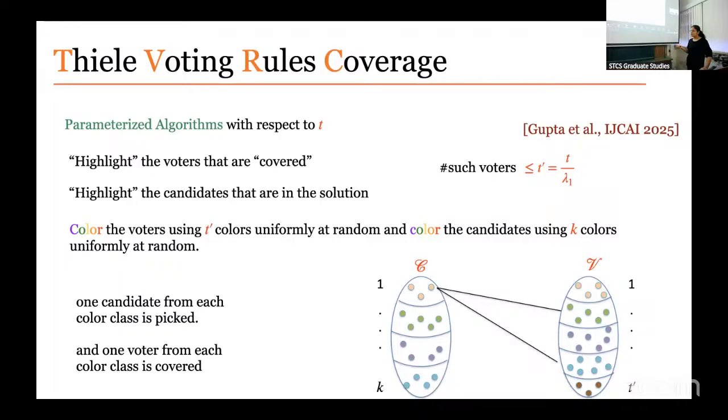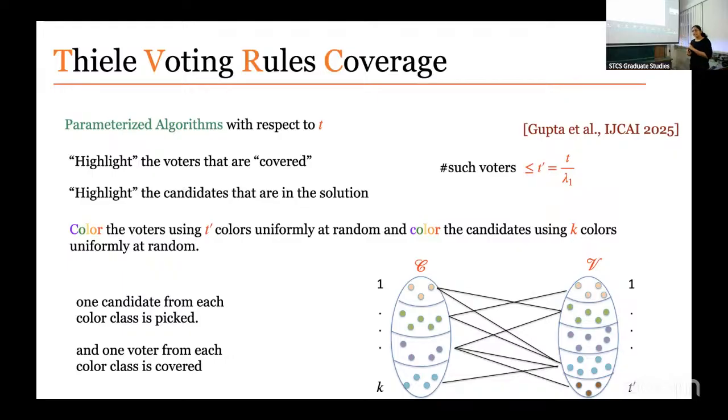You guess all these edges, K, T, it's still a function of K and T. Then you just need to find a candidate here which is approved by the voters in your neighborhood. That's it. So it's simple, the running time is of course not great, but this is one possible algorithm.